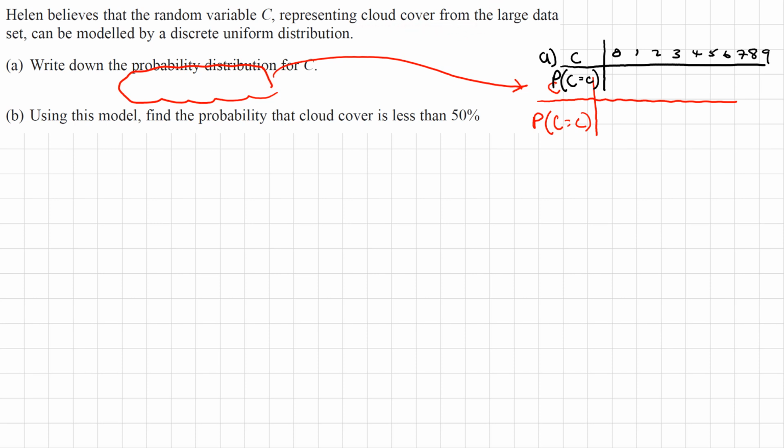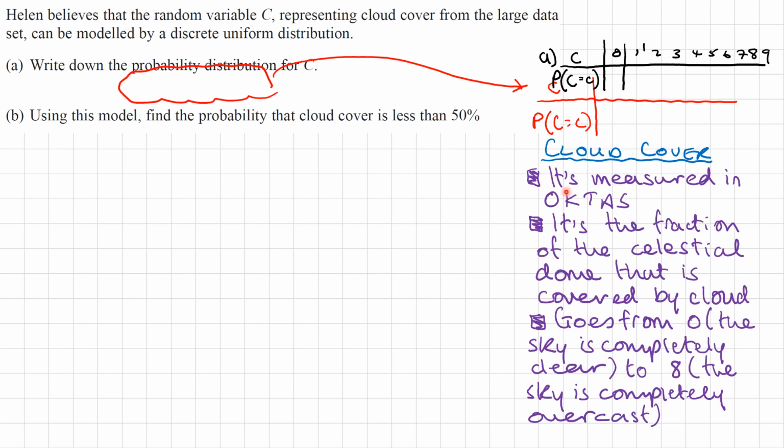large data set. So first of all, the amount of cloud cover is measured in octas, and octas represent the fraction of the celestial dome. That's all the sky that can be seen from one horizon right round to the other horizon. So think of it like a big massive semicircle, or hemisphere would be a better way of describing it.